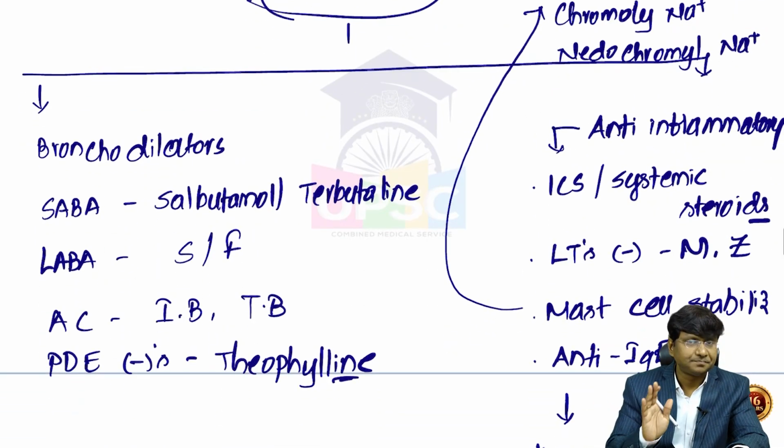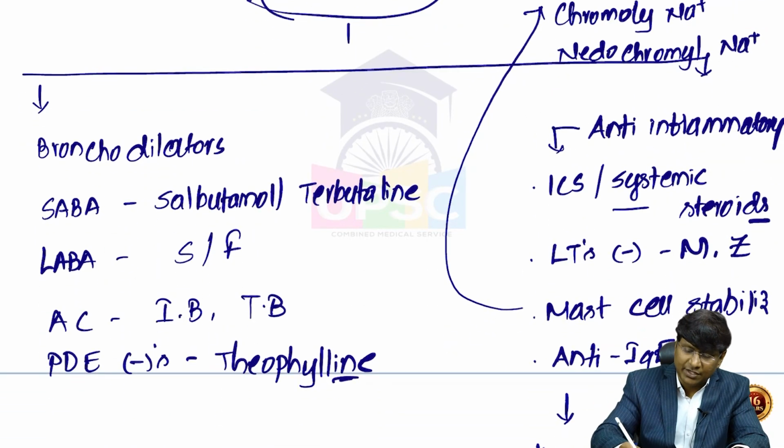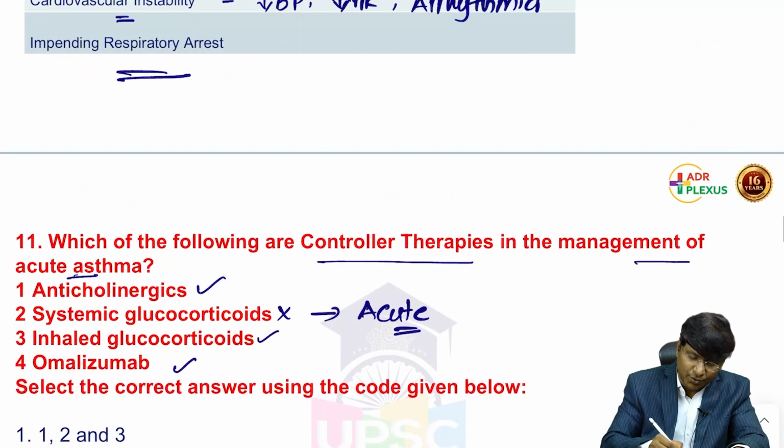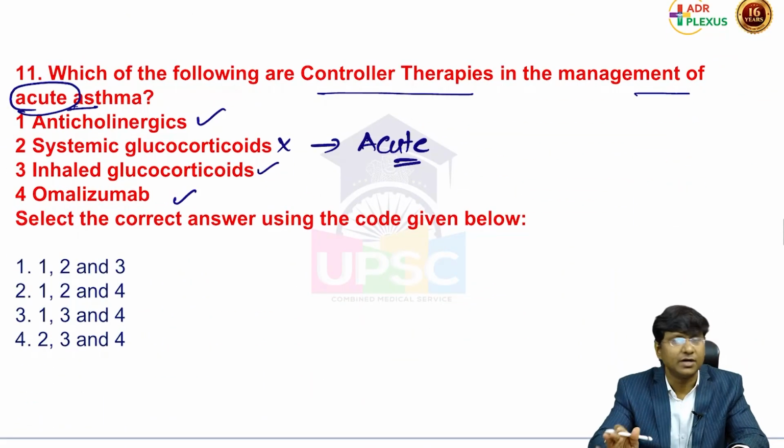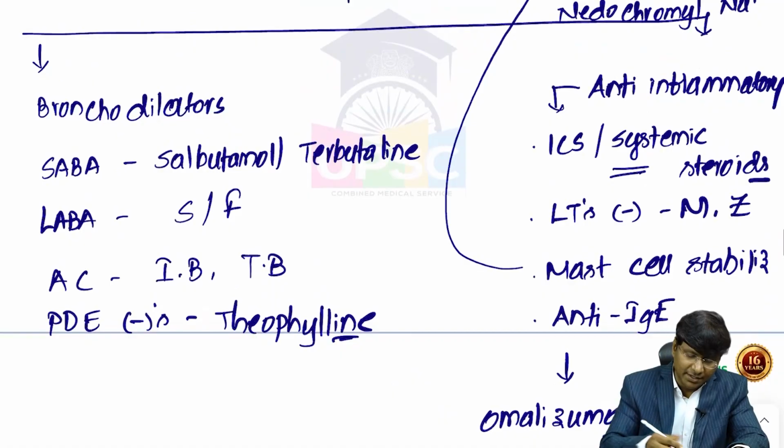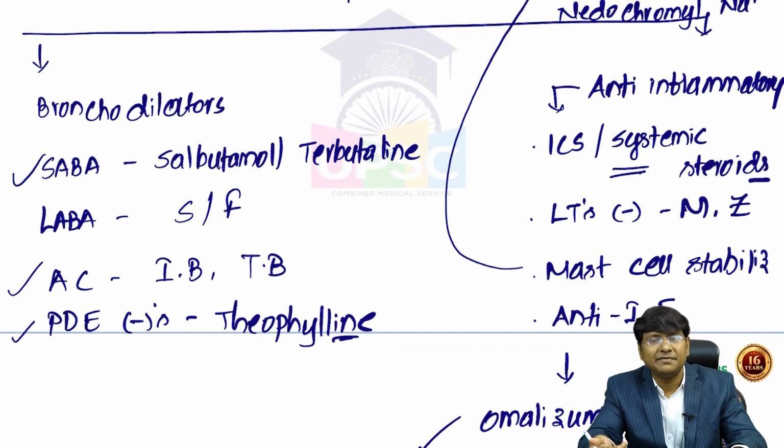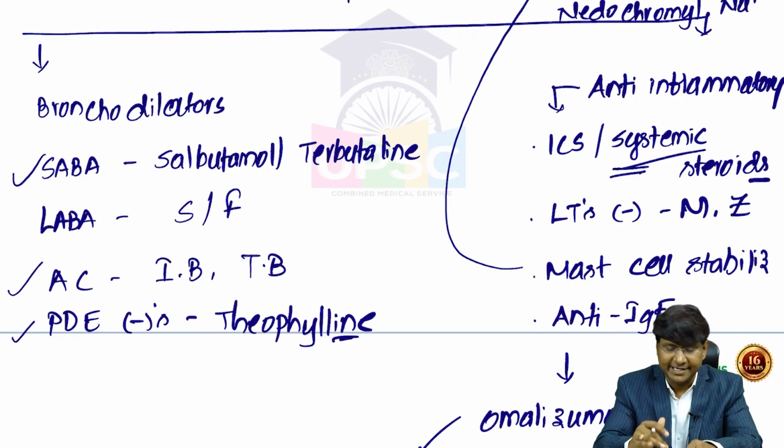Out of these, the systemic glucocorticoids are given for the acute attack. They are not given as controller therapy. Whereas SABA, anticholinergic drugs, phosphodiesterase inhibitors and omalizumab are given as controller therapy, but not for the acute attack. For the acute attack, we give systemic steroids. So that was about the treatment aspect.